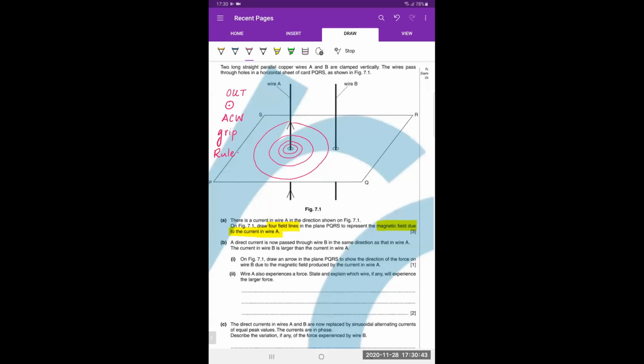Okay, so concentric circles, one mark. Pointing in the anti-clockwise direction, I'll just mark that on the diagram, second mark.